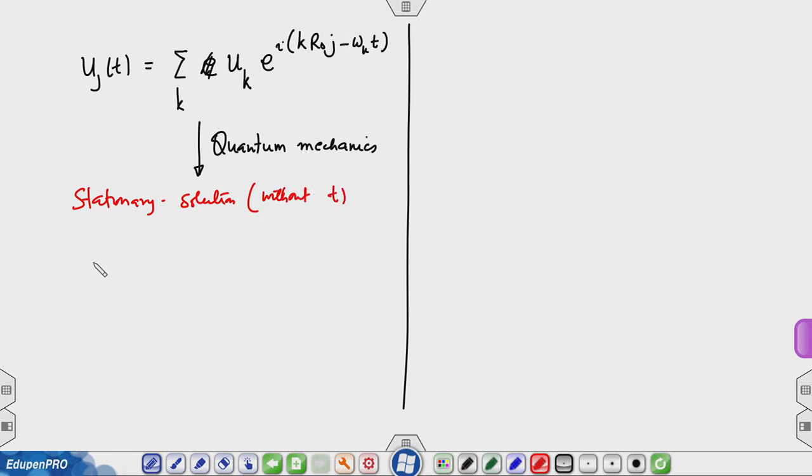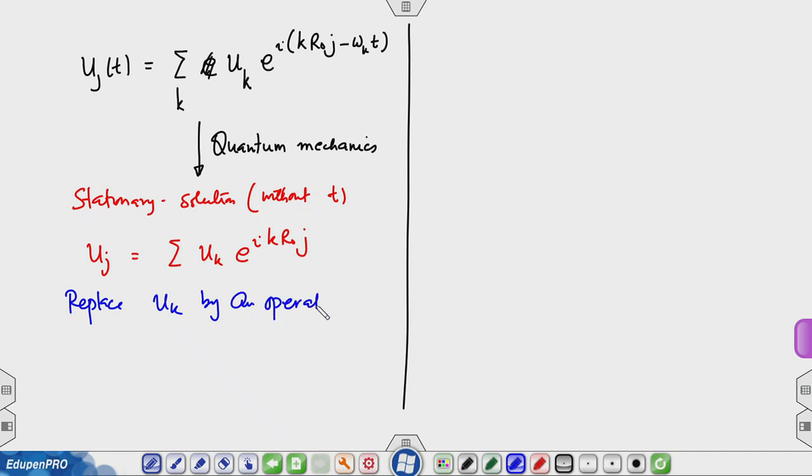So, that will be u j equals summation u k e raised to i k r naught j, and then replace u k, which is the amplitude, by an operator q k. So, I am just distinguishing, I mean classically q k is nothing but the generalized displacement.